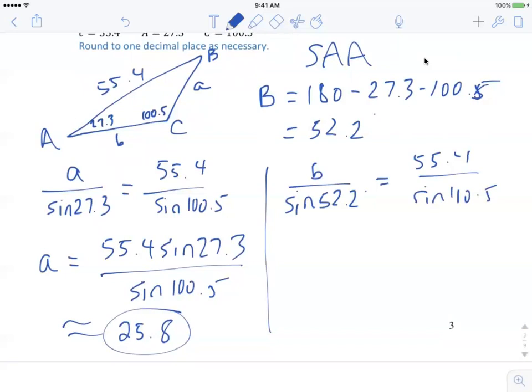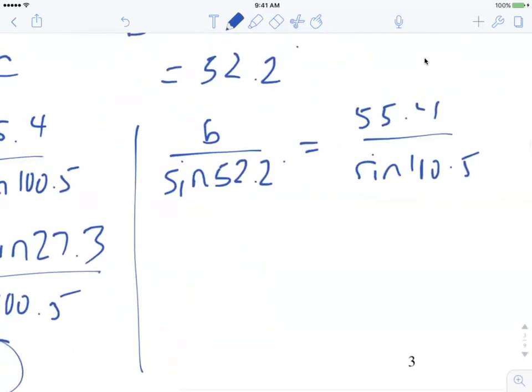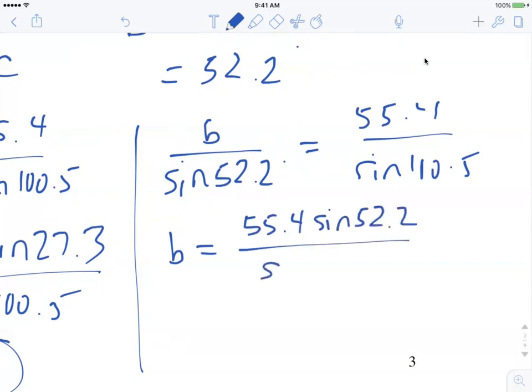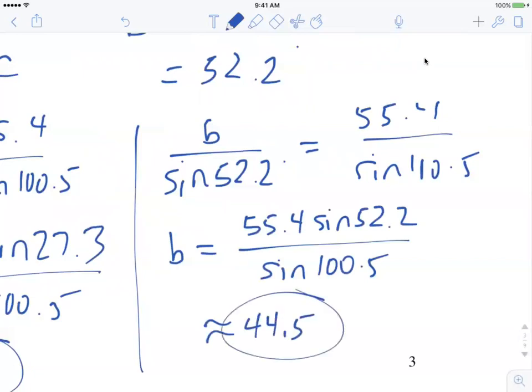Okay, multiply both sides by sine 52.2, so we're gonna have 55.4 sine 52.2 divided by sine 100.5. Calculate that out, and we've got a winner, or at least a completed problem. I'm getting 44.5 on that one, rounded to 1 decimal place.